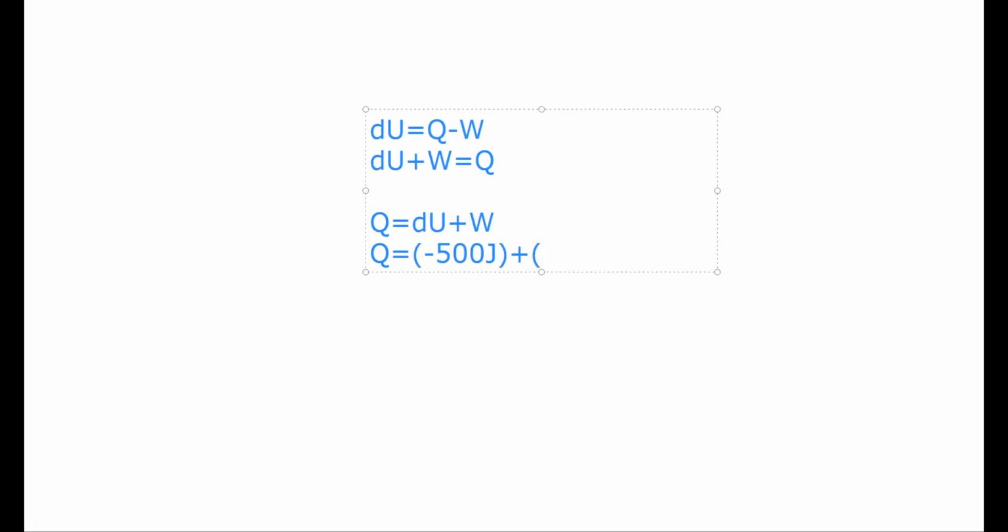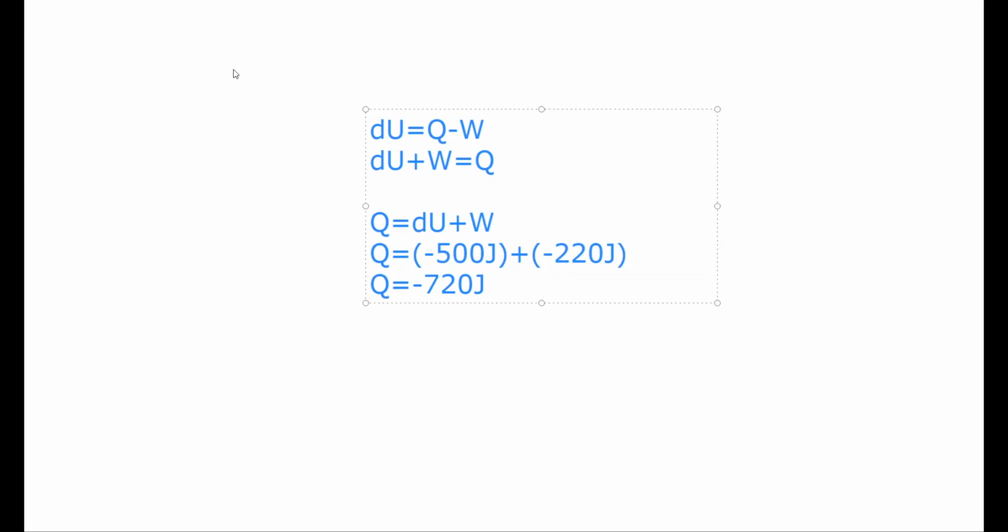And the work was done on the system. Remember, if the work is being done on the system, W is negative 220 joules. So the heat ends up being negative 720 joules.